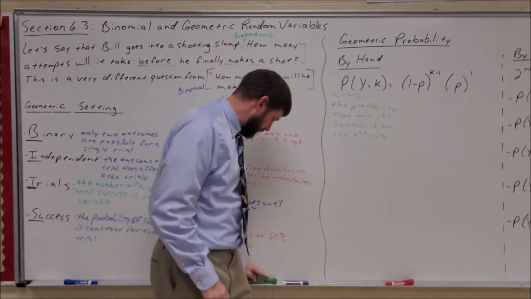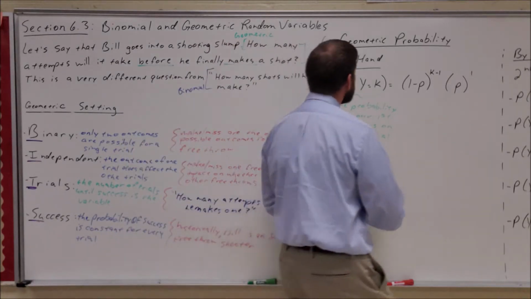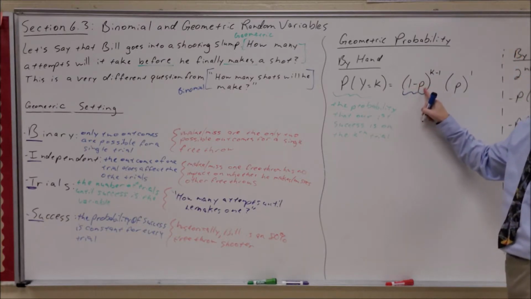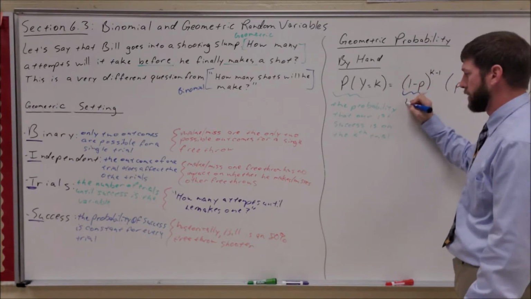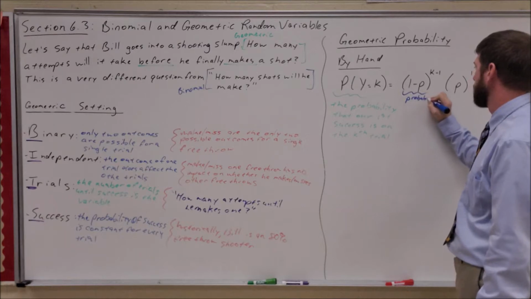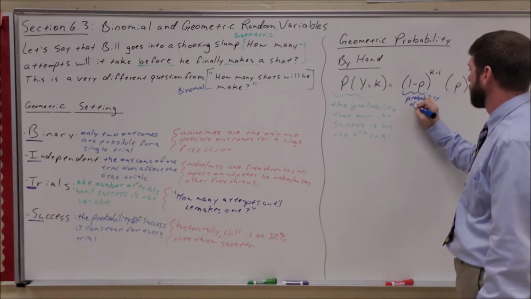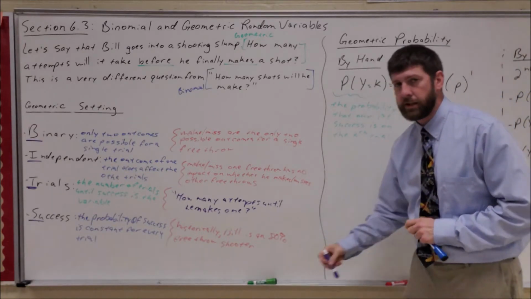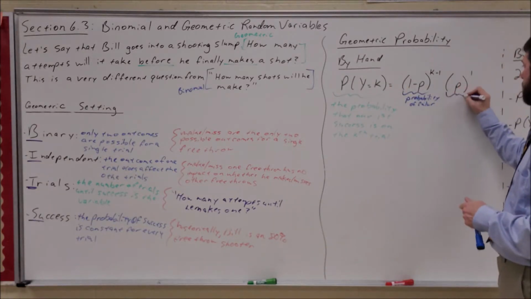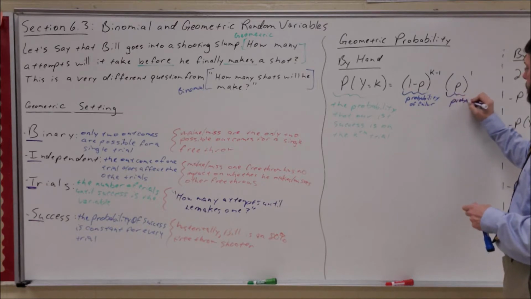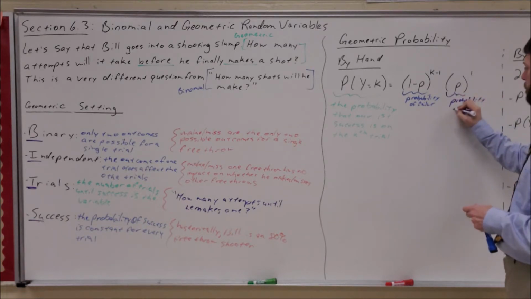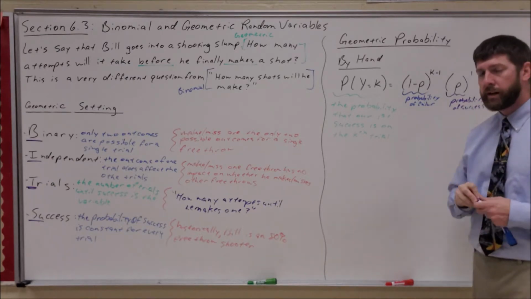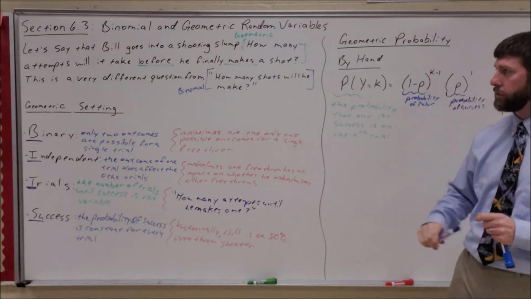So if we're going through calculating, we know that 1 minus p, that's not p, is our probability of failure, where p is the probability of success. Now, how many times are we looking for him to be successful?